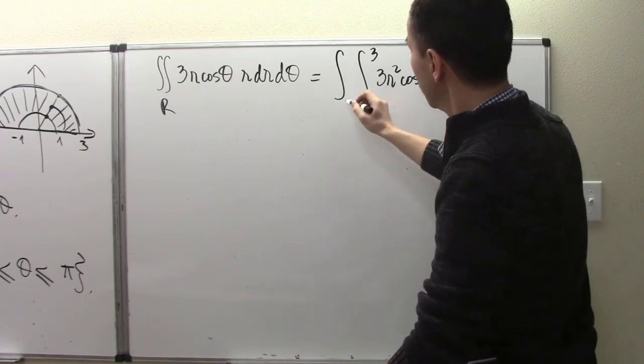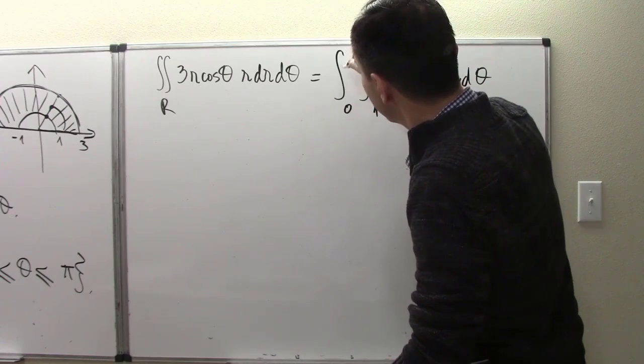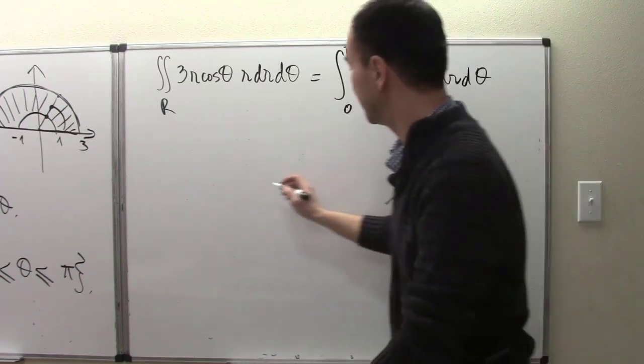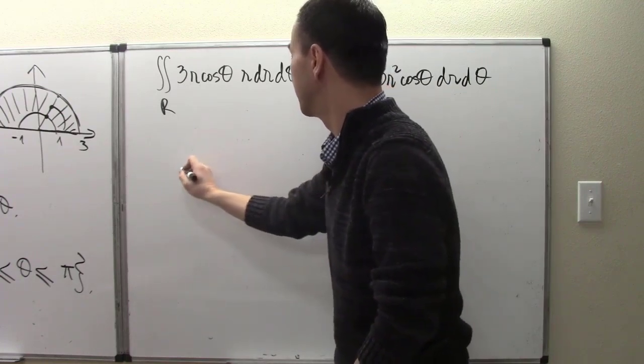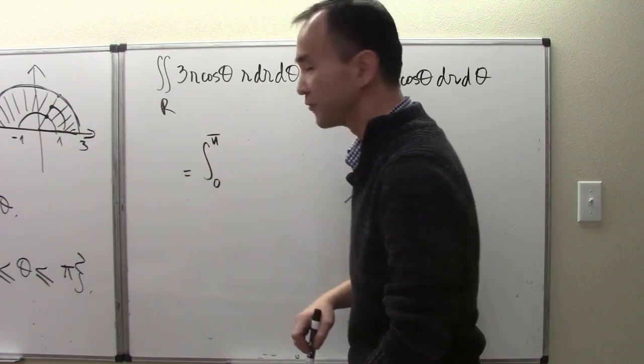And then as an iterated integral, we can integrate in terms of theta after, from 0 to pi. All right, and so this is now a point that's ready for us right here. We can rewrite this, so it's going to be 0 to pi, right, according to Fubini's theorem.